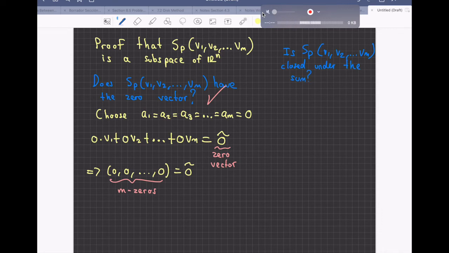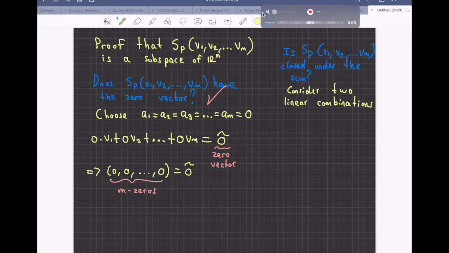I need to have two linear combinations, not necessarily different.